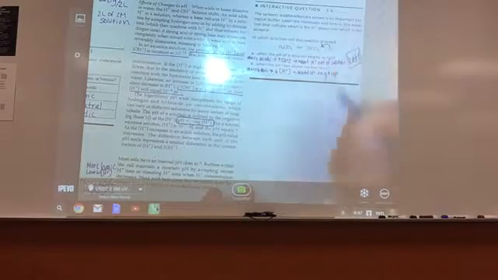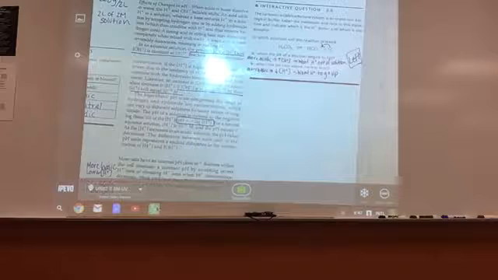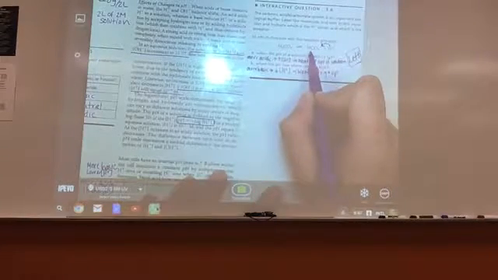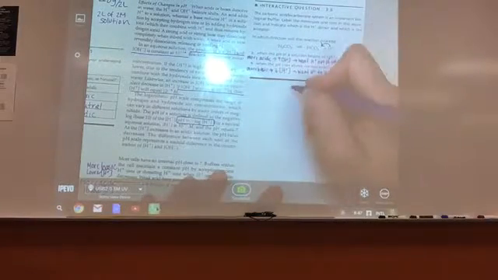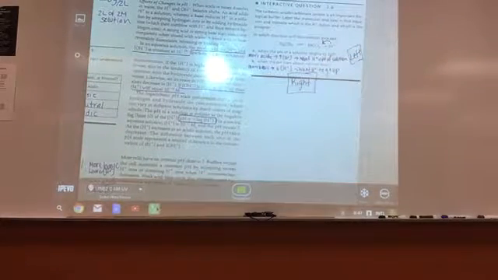Which direction makes the H pluses go up, or releases H pluses? To the right. All right. So if it goes to the right, this is going to break down into the bicarbonate and release H pluses. All right. Any questions on that?